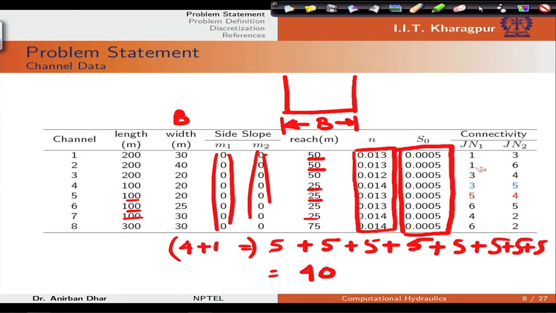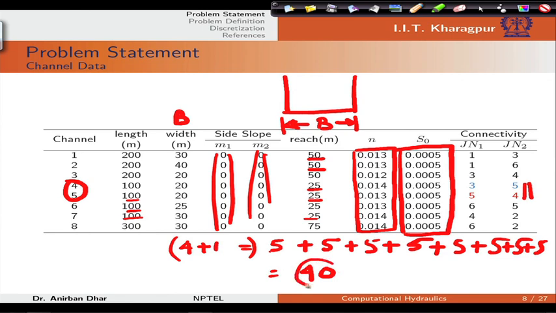This is 1 3, 1 6, 3 4, 3 5, 5 4, 6 5. I have changed the color for these two channel reaches, and that means channel reach number 4 and 5. I will try to show the effect of reverse flow by changing the flow direction in these two channel reaches.